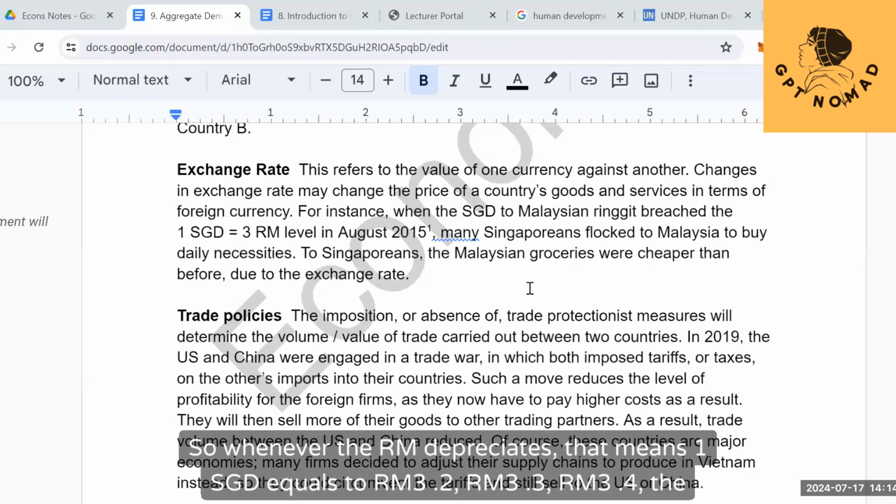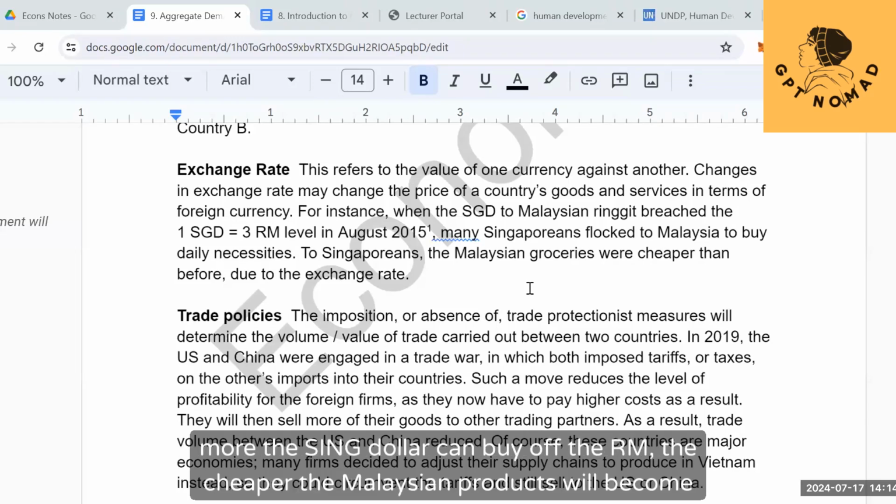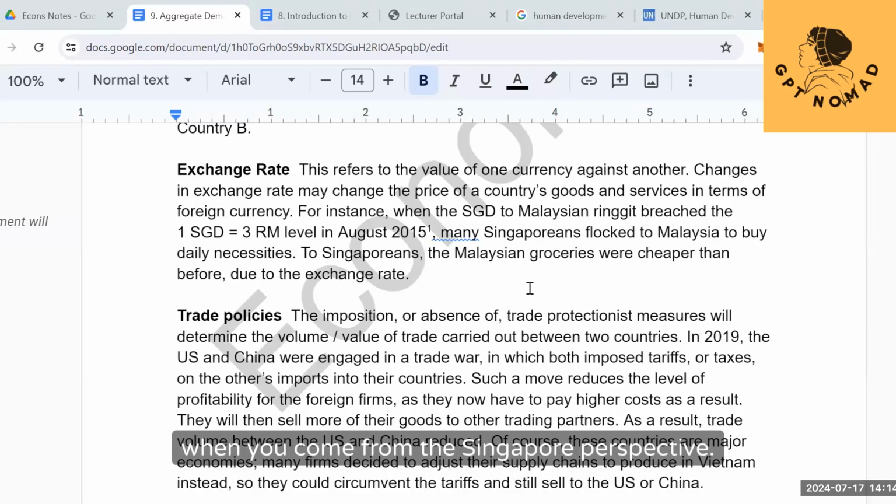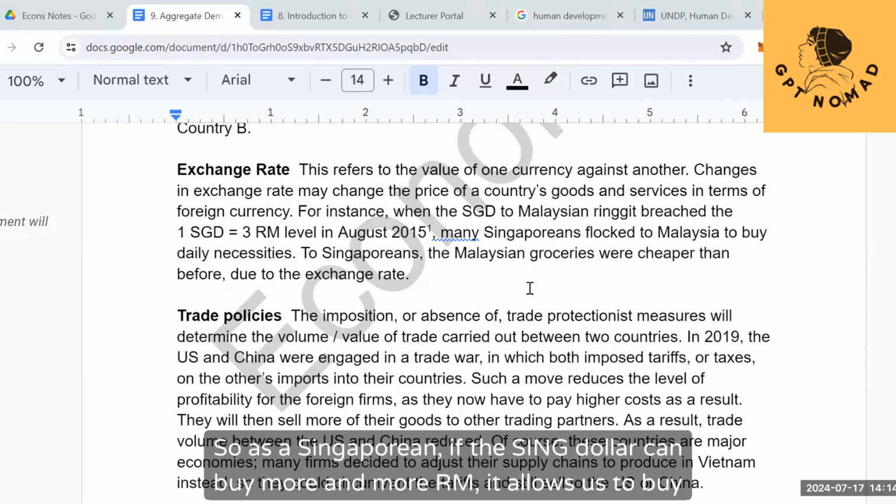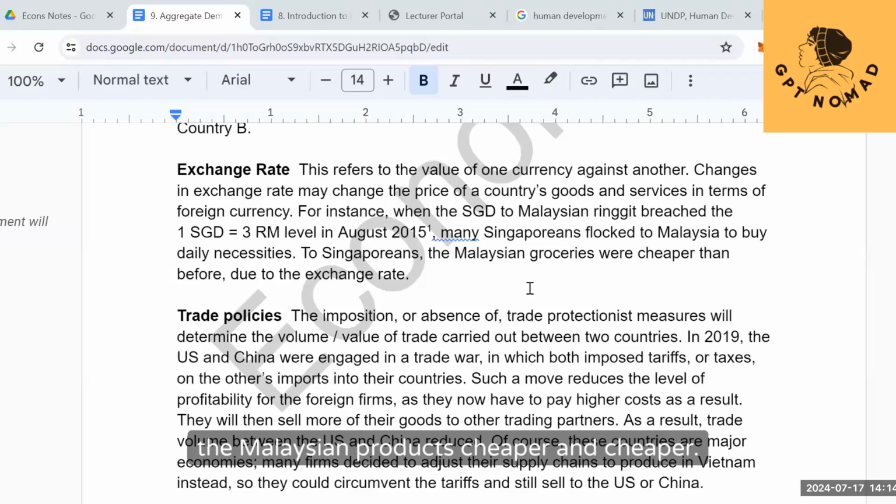Whenever the ringgit depreciates, that means 1 SGD equals 3.2, 3.3, 3.4 ringgit. The more ringgit the Sing dollar can buy, the cheaper the Malaysian products become from the Singapore perspective. So as a Singaporean, if the Sing dollar can buy more and more ringgit, it allows us to buy Malaysian products cheaper and cheaper. So we are more likely to buy from Malaysia as a result.